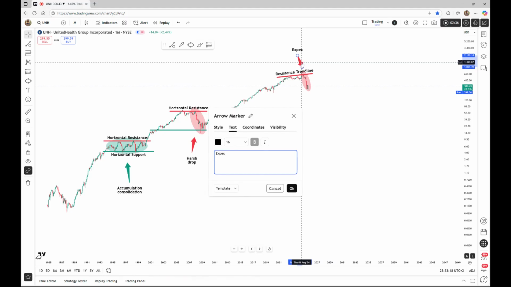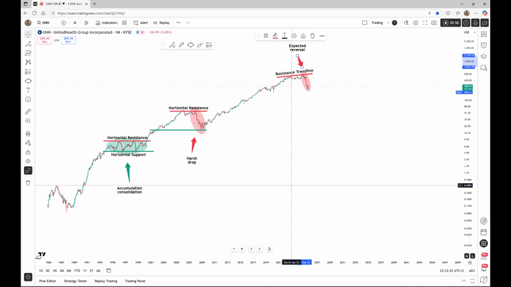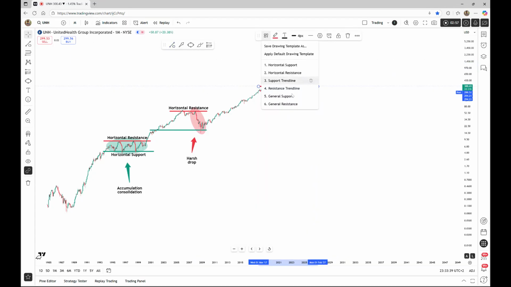But again, considering that we were just retesting another resistance trend line, or the same resistance trend line another time, we were also still talking about an overall expected reversal. And this is where things get now even more interesting, because as we're speaking, United Health is retesting significant support.